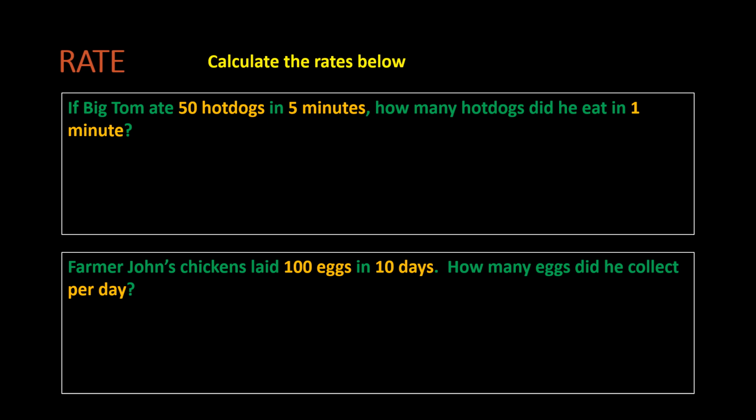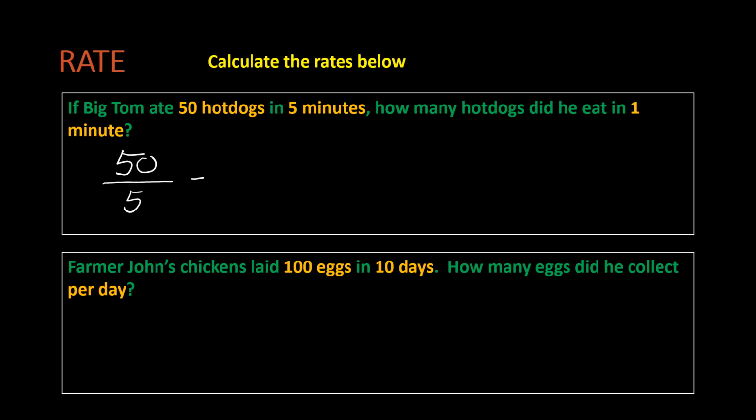Let's try to calculate some rates. In the first question, if Big Tom ate 50 hot dogs in 5 minutes, how many hot dogs did he eat in 1 minute? So we do know that we want to find per minute. So we put 50 at the top, hot dogs, over 5 minutes.